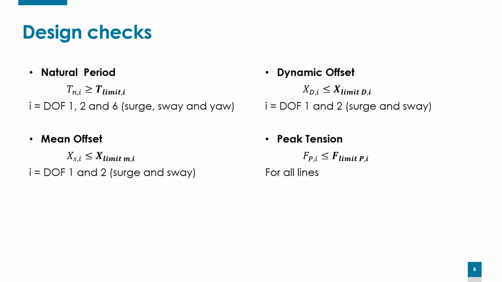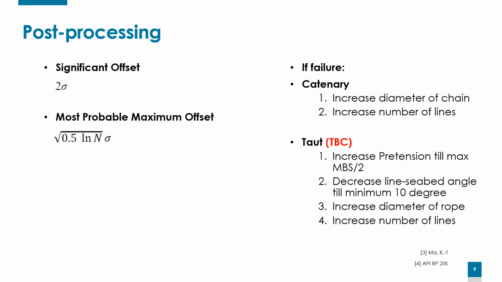Design checks include natural periods, mean and dynamic offsets, and peak line tensions. The significant and most probable maximum offsets are calculated following a Rayleigh distribution. If failure in any of the design checks occurs, the catenary mooring system will be modified, firstly by increasing the diameter of chain and then increasing the number of lines.